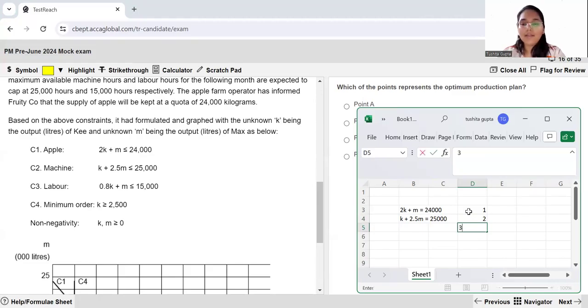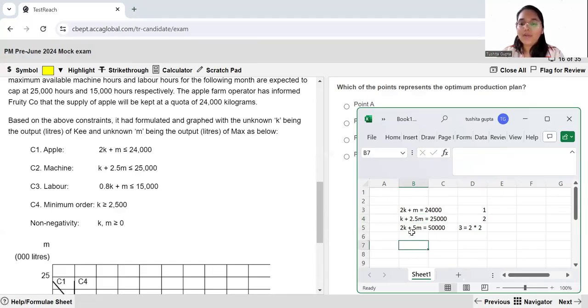Now arriving at a third equation, which I have found using the second equation multiplied by 2. So 2K plus 2.5 multiplied by 2 gives you 5M equals 25,000 multiplied by 2, which gives you 50,000. I've done nothing. I've just taken this entire equation and multiplied it by 2.